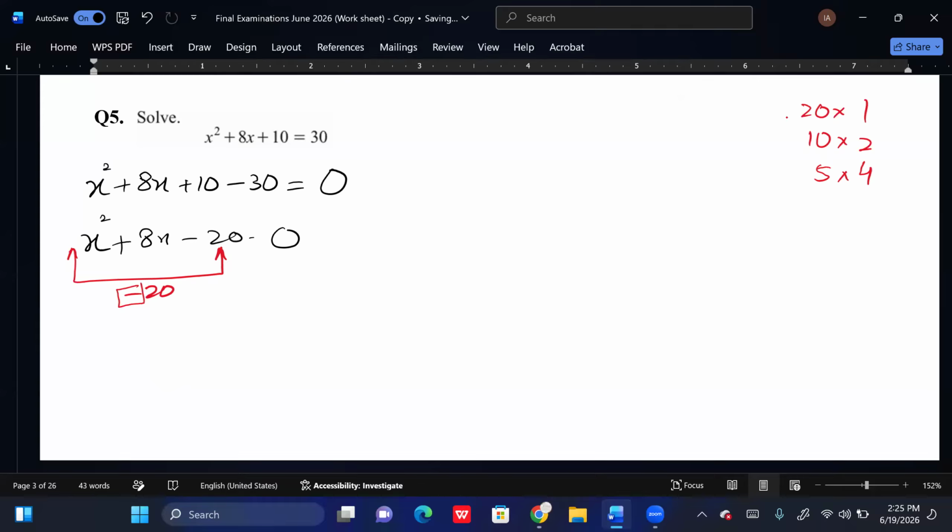So if I subtract 20 and 1, I will get 19. Not possible. If I subtract 10 and 2, I will get 8. Yes, this is what I am looking for. So I will write x squared, the first term, and then the terms 10x and 2x.